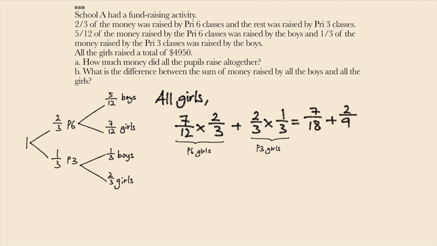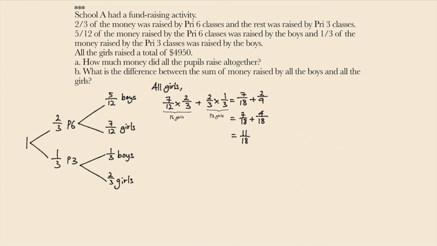That means we have 7/18 plus 2/9. Combine them together and we obtain 11 units out of 18. Remember, these 11 units are all girls, P6 and P3, out of 18 units, the total students involved.